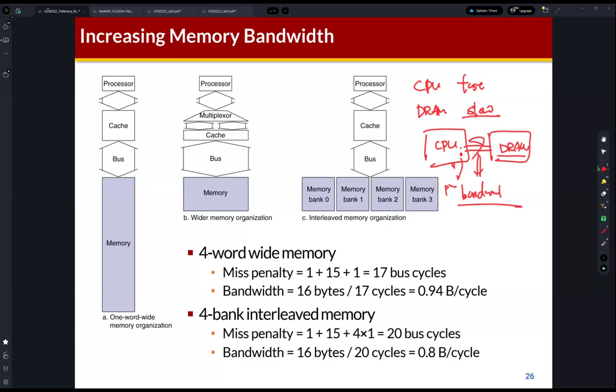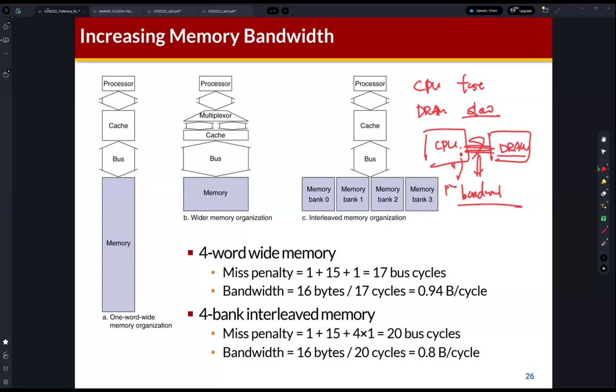The pin is the interface to the outside world, right? But pins are very expensive. So pins are a limited resource. Also, to make a pin, the pin takes up some area, right? So we cannot use many pins. Okay, so the bandwidth is limited.